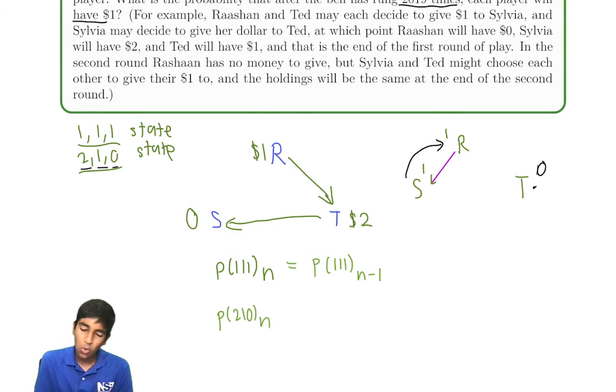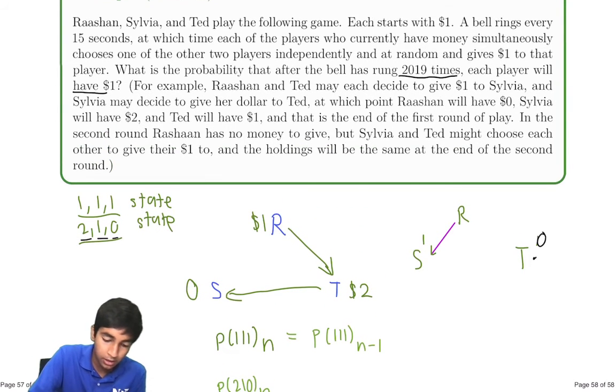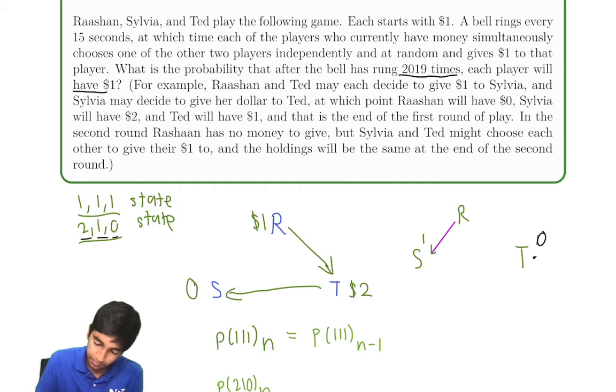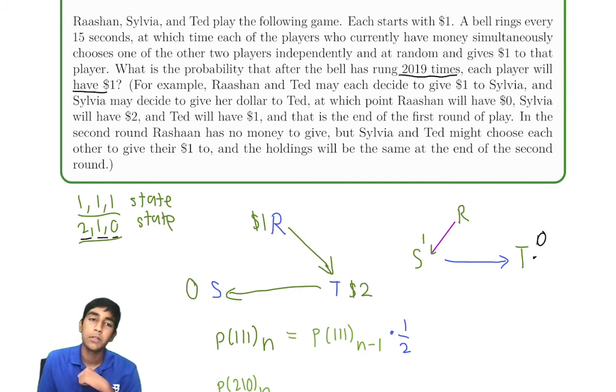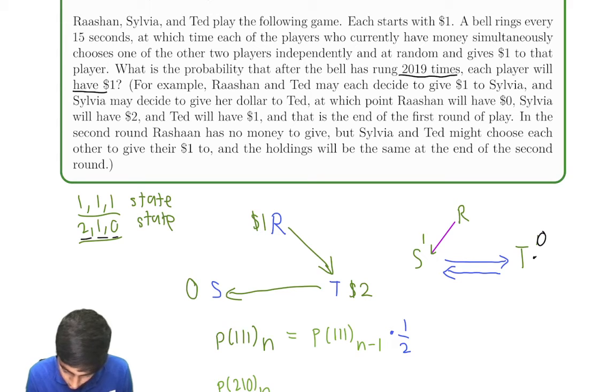Okay, so maybe Sylvia does not give it back to Rashawn. Maybe Sylvia passes it on to Ted. Well, there's a half chance of that happening, so times half. Now, what does Ted do with that money? He can give it back to Sylvia. But then Sylvia would now have $2 because Sylvia gives 1 but gets 2 and originally has 1. But then Rashawn would be left with $0 because Rashawn is giving it up and not getting anything in return.